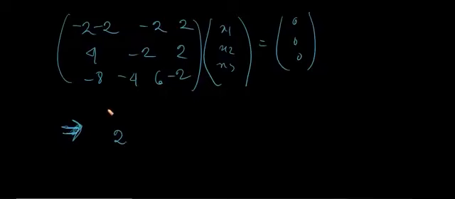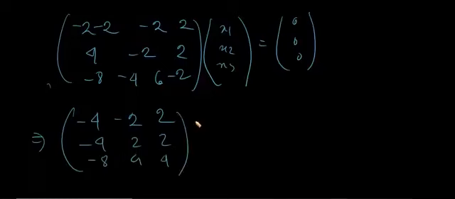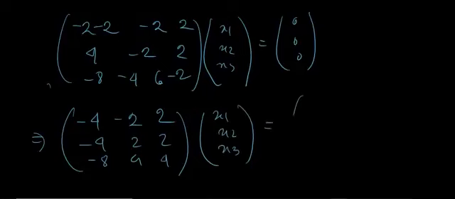Obviously I can be a bit more explicit and show you. So after this, you can write it as: minus 4, 2, 2, minus 8, 4, 4, times x1, x2, x3, equals 0, 0, 0.